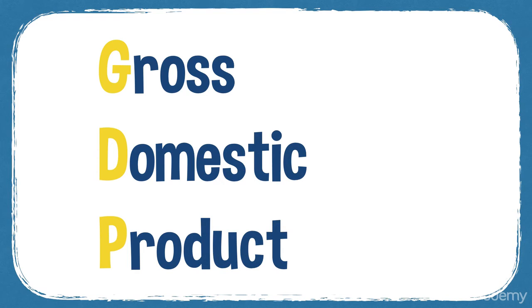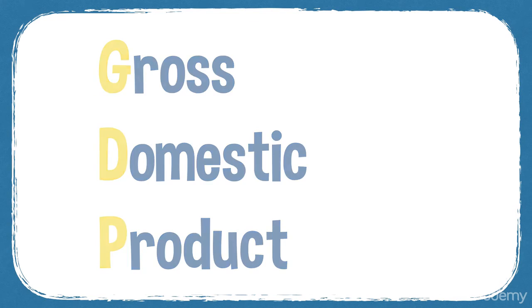It shows how productive a country is. So the GDP measures the total value of goods and services produced in a country in 1 year. It's often used to compare the wealth of countries and also to compare the wealth of the average person in each country.